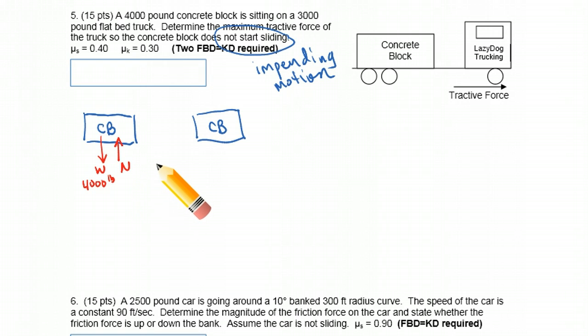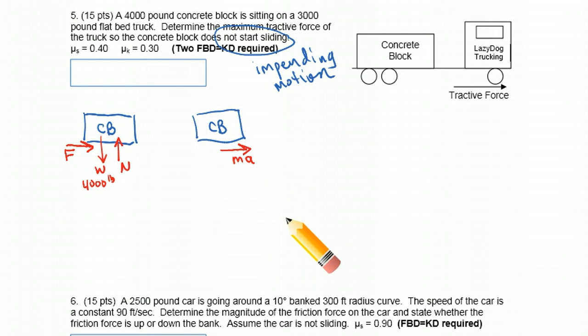If the truck is accelerating forward and this concrete block is not sliding, then we're going to have a friction force that's opposite the impending or relative motion between the concrete block and the truck bed if it did. So if the truck is accelerating forward this way, the concrete block is going to want to stay there and slide backwards relative to the truck, so that friction force is going to be forward. We know that's going to happen because we've got a tractive force.